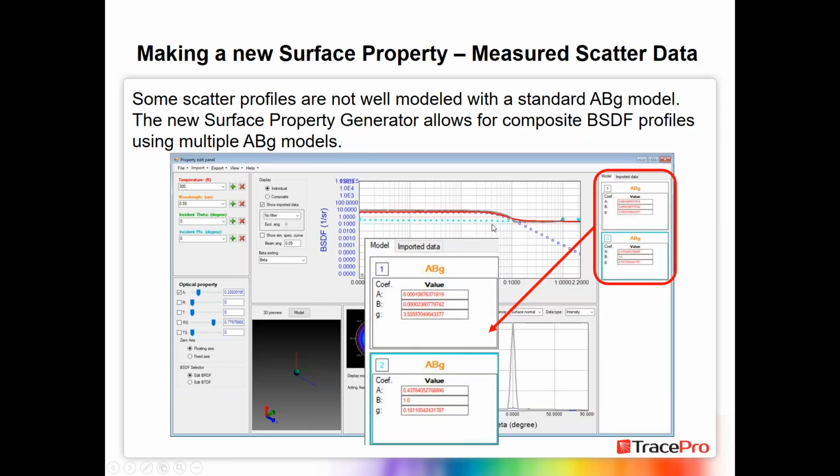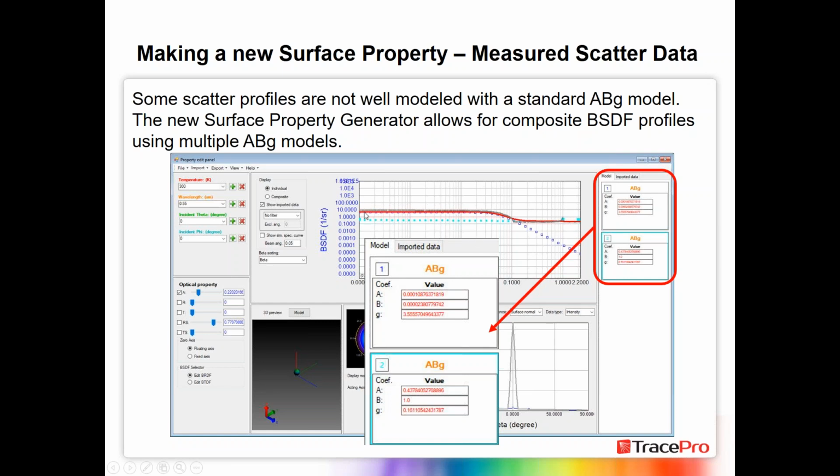What the surface property generator allows you to do is add 2 ABG curves to the model. So here I right-clicked, chose ABG for my scatter model. Then I right-clicked again, add scatter model, or add BSDF model, and selected a second ABG curve.